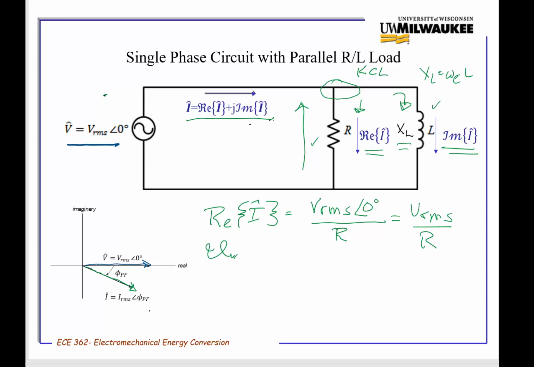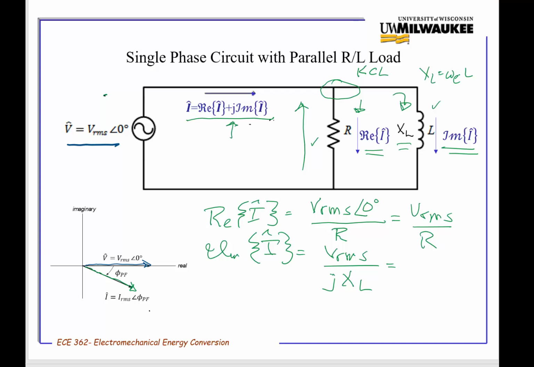The imaginary part of that current is VRMS over jXL. Since the j is on the bottom, we want to move it to the top so that we can show it in the Cartesian representation of the phasor.